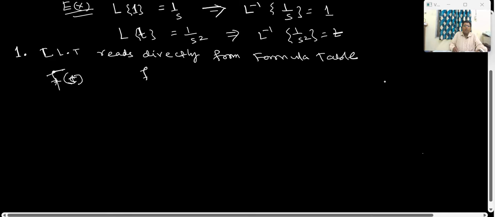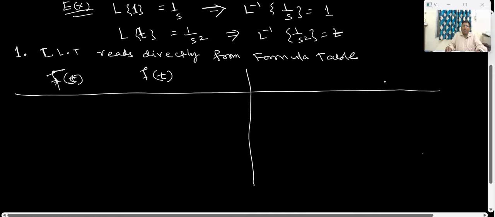In the previous table we have seen what is f of t, then accordingly what is F of s. Similarly, we read f of t out of F of s. So F of s is given, and we have to find L inverse of F of s. This is nothing but my f of t.